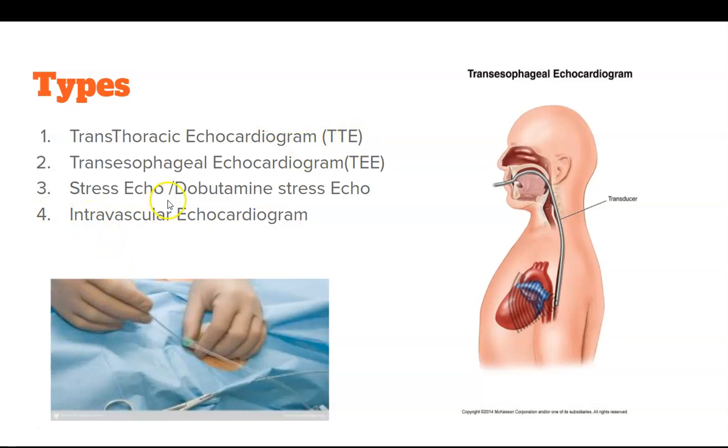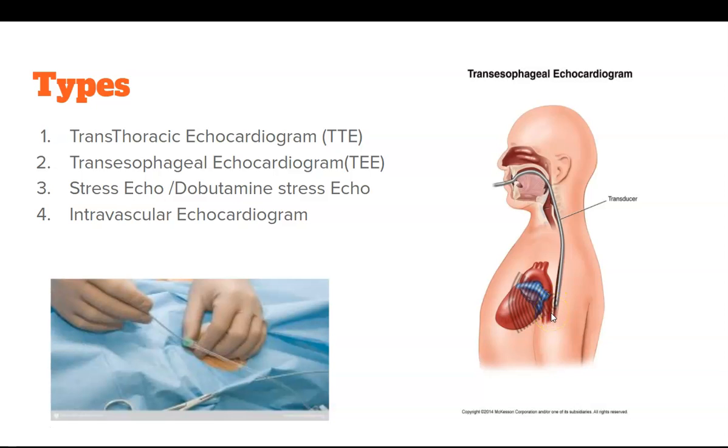The next one is transesophageal echocardiography, that is TEE. Here what they do is they introduce a transducer, which will be like a catheter, into the mouth, and they will take it into the esophagus so that they can go behind the heart.